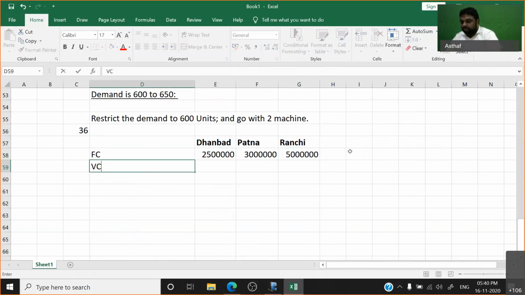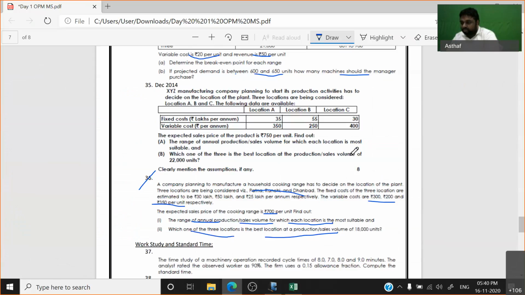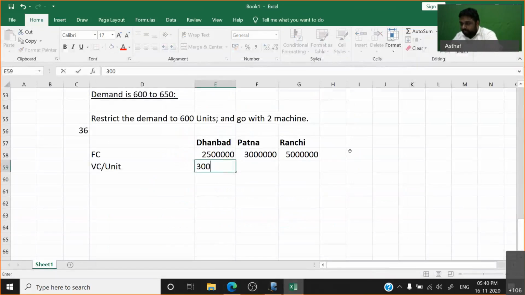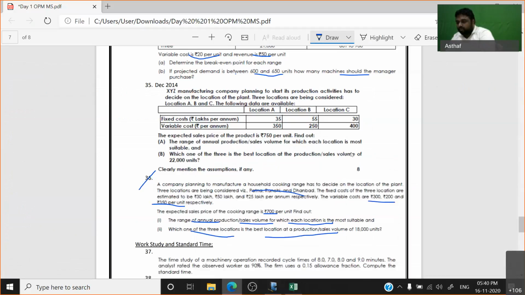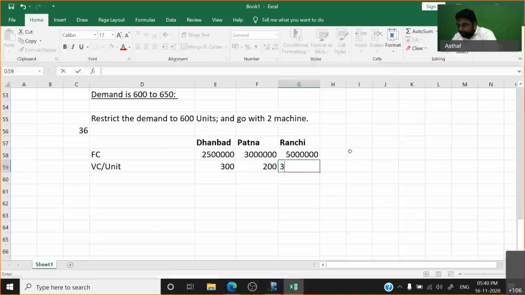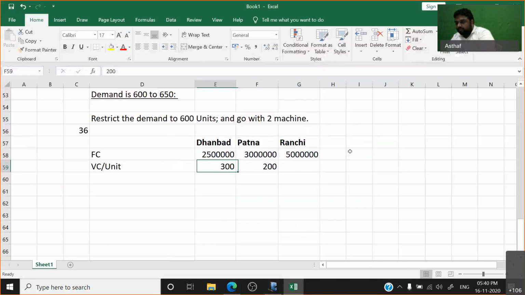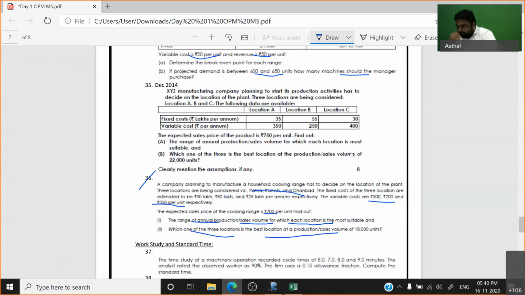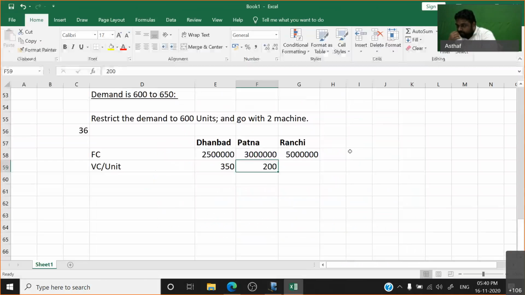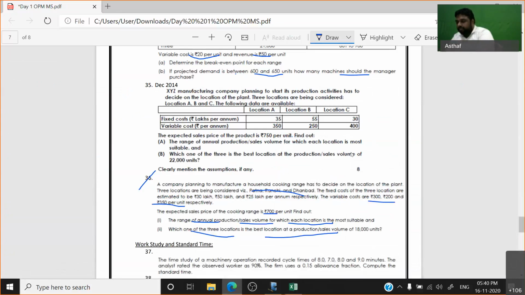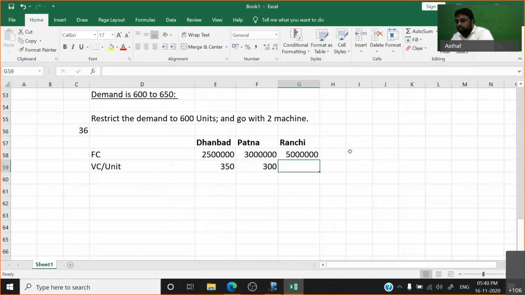Now what is the variable cost per unit? The variable cost: 350, 300, 200.